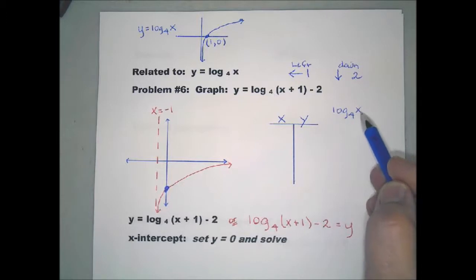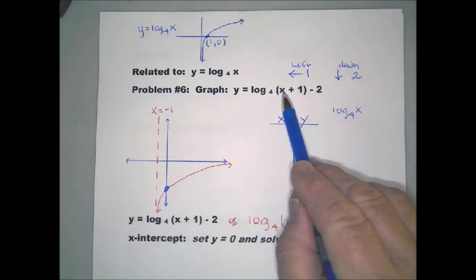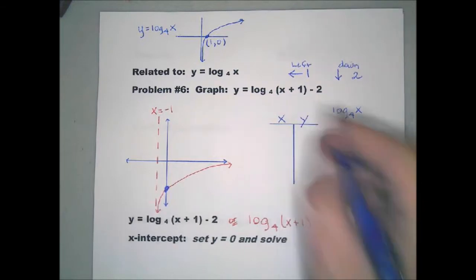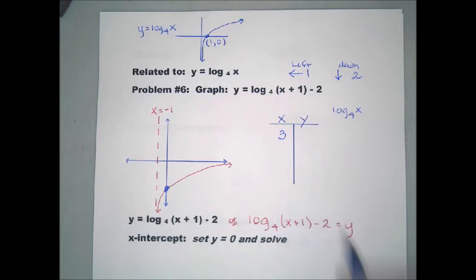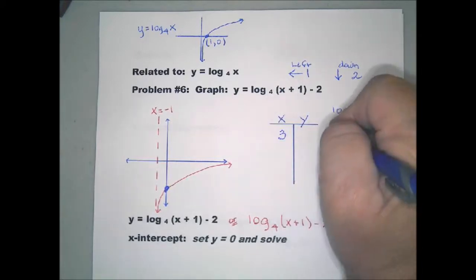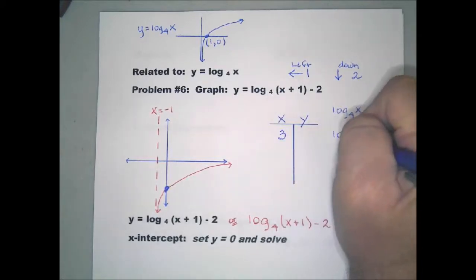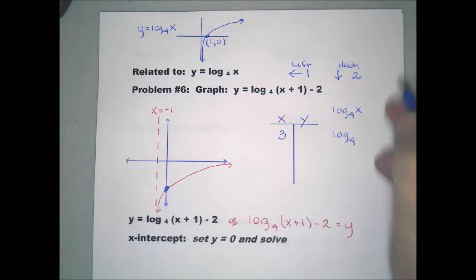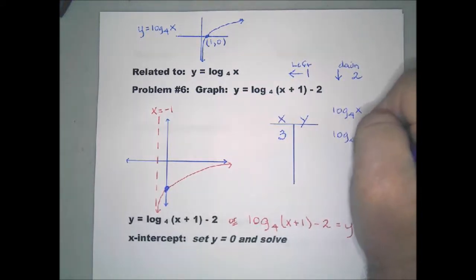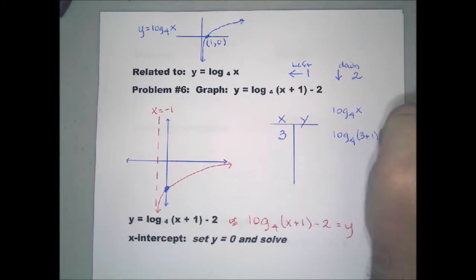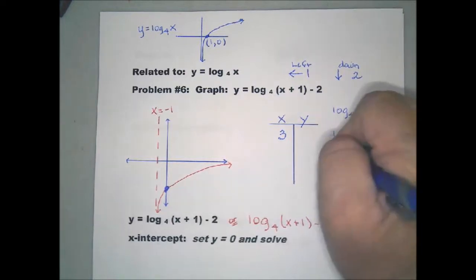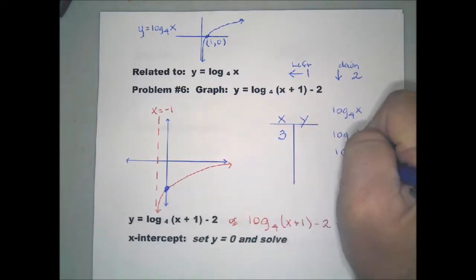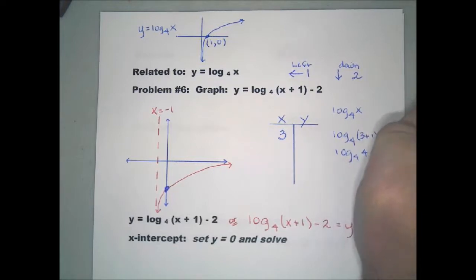Well, if I plug in an x value of 4, that makes this 5. But if I plug in an x value of 3, now I've got log base 4 of (3 plus 1) minus 2. So that's log base 4 of 4 minus 2.